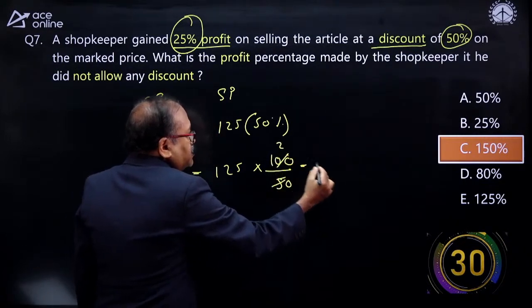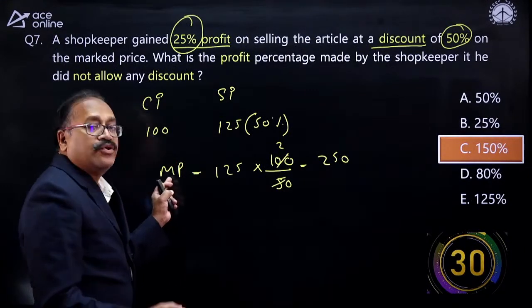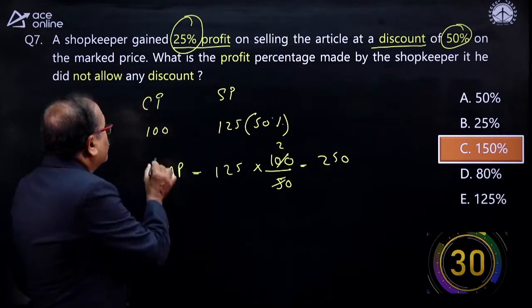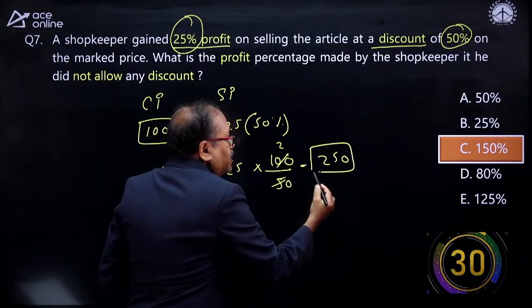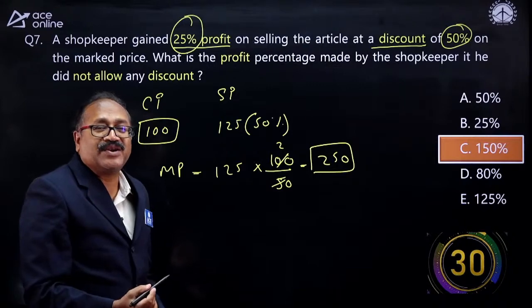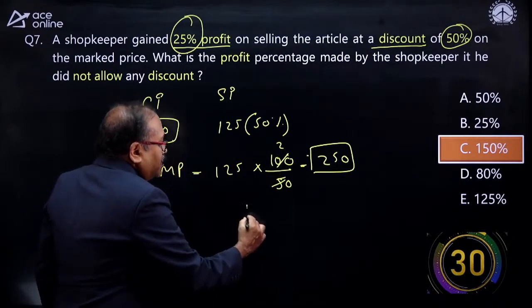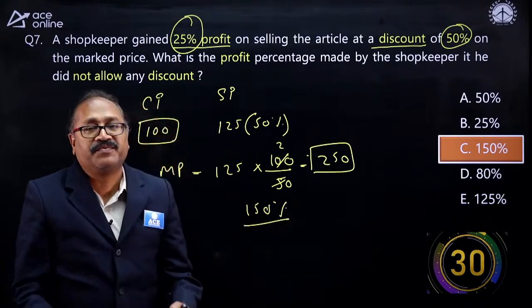That comes to 250. So now if you don't give the discount, you are selling it at 250. So your cost price is 100 and your selling price is 250. So what is your profit? The profit is 150 over 100. Therefore, profit percentage in that case will be 150%.